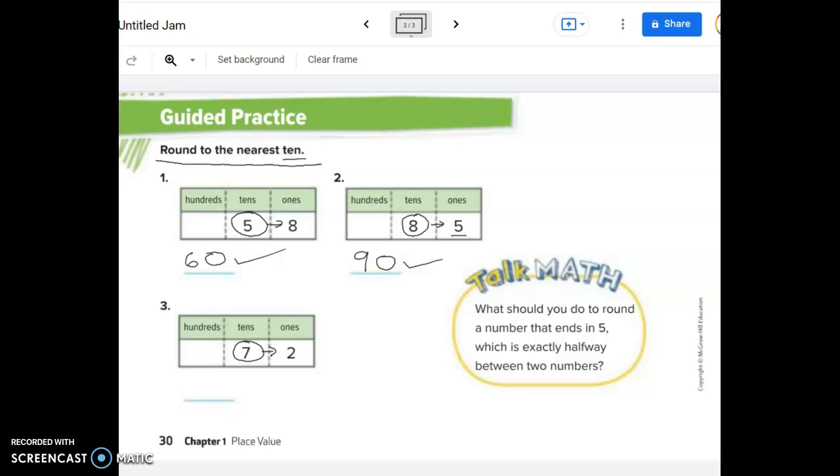Once we roll the number down to 0 in the ones column, the number in the tens column that is circled will remain the same. It means it will remain 70. And that is why the number 72 rounded off to the nearest 10 is 70. I hope that has helped you to understand rounding off to the nearest 10.